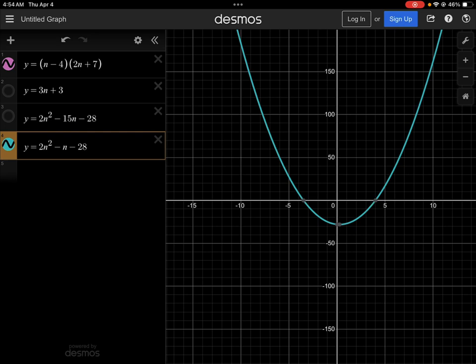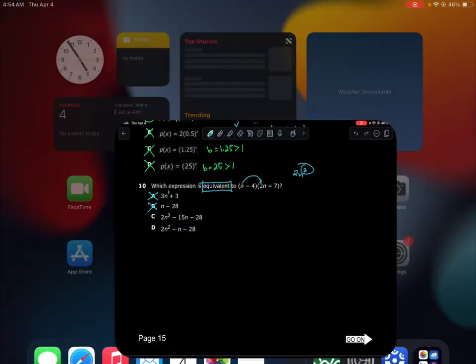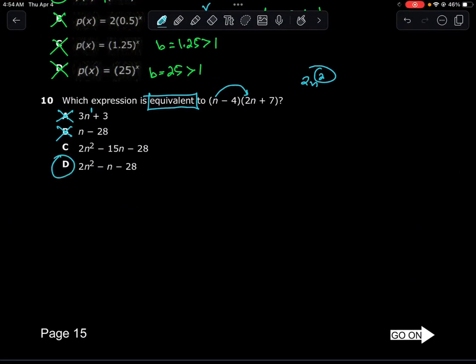You can switch it on or off to see that they actually cover the same graph. Okay, so the correct answer is the last one. And I could have eliminated the first two right away.